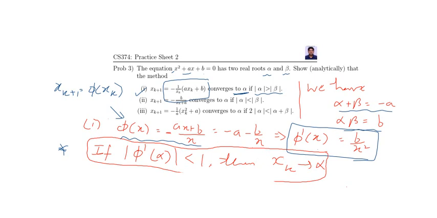Moreover, phi dash remains positive for all x in that closed interval. So you observe two things here. First, the phi function is an increasing function in whatever closed interval you consider.